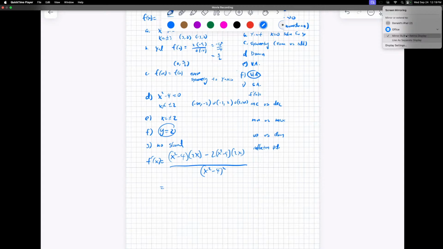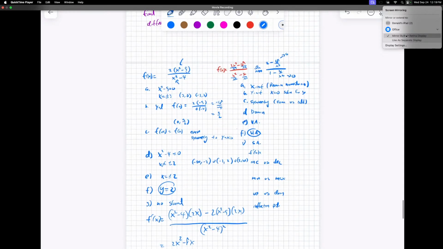If you simplify that, it's going to be 2x squared minus 8x. Wait, hold on, I did the derivative wrong.